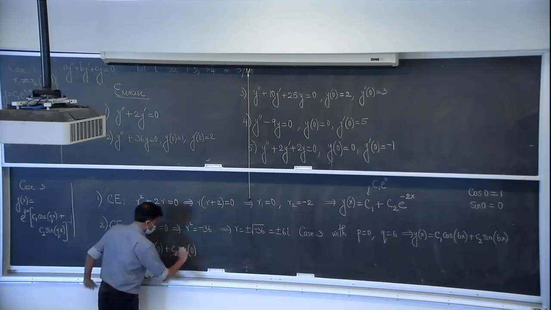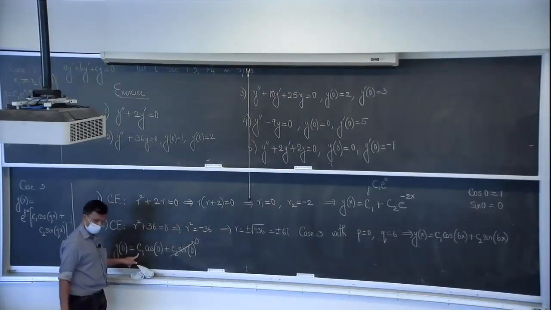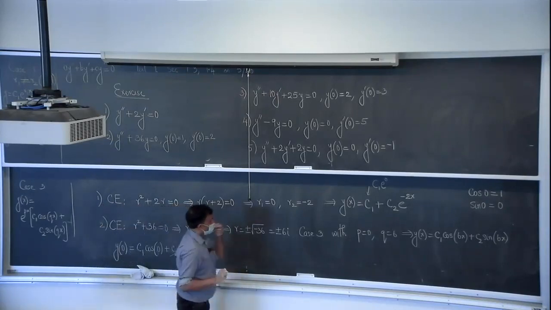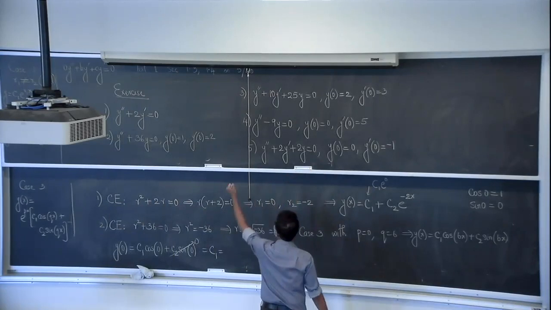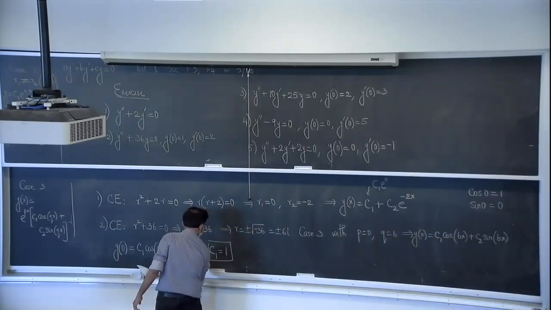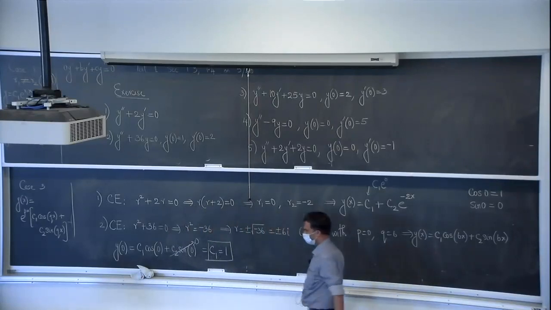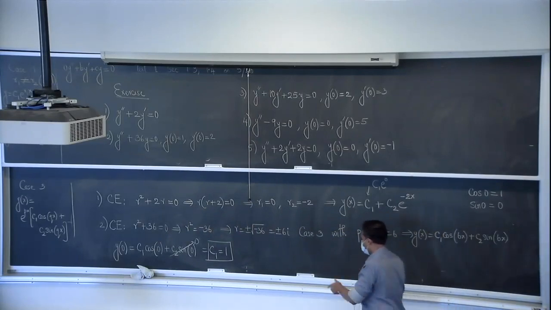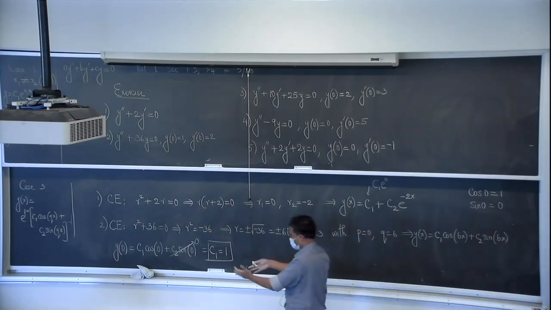Since sine of 0 is 0, we have c1, which is given to be equal to 1. Now we are locking in on a unique solution. It's no longer arbitrary C1 and C2.